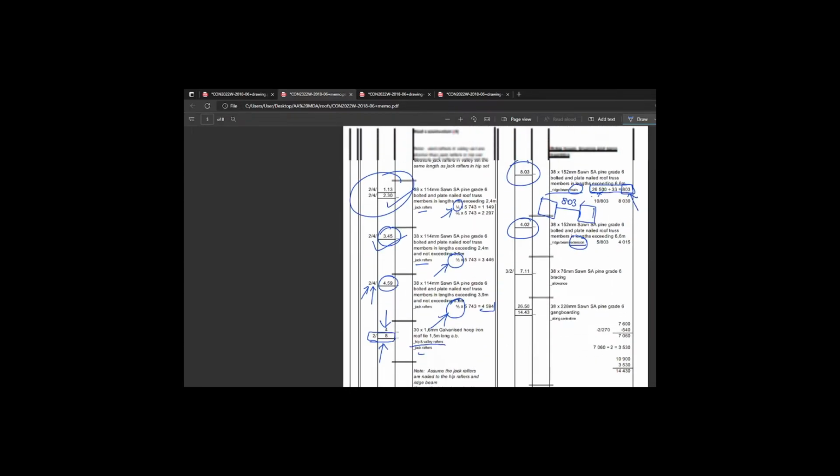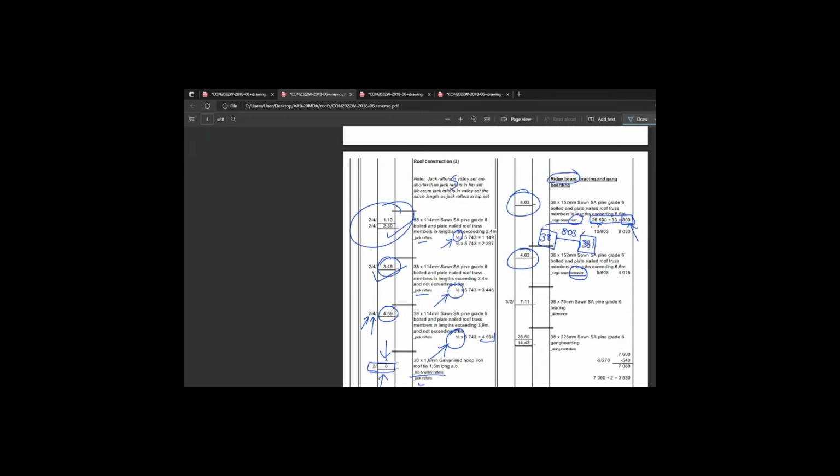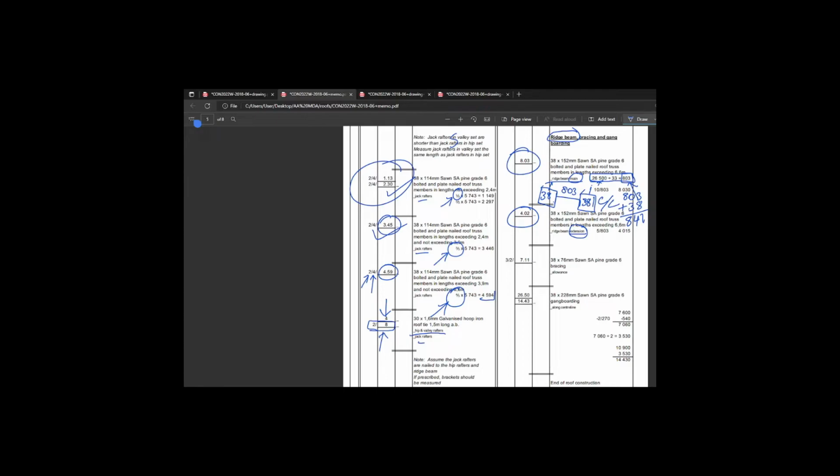Let's just take that for example, 38. We'll say this one's 38, this one's 38. So in theory, if you wanted your center to center value, you'd take 803 and you'd take half 38 and half 38, basically plus 38. And that is your center to center value, which we're not going to use at the moment. We are using 803 by virtue of our divisions made by the trusses.